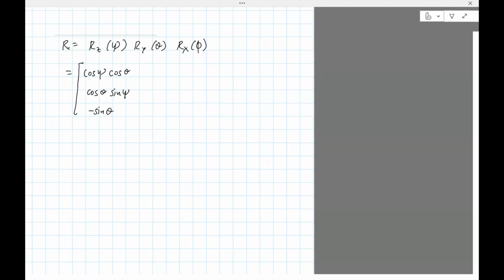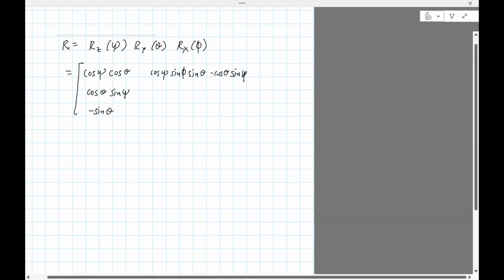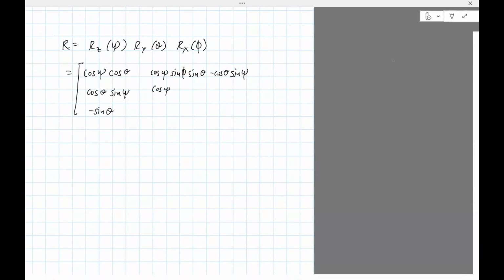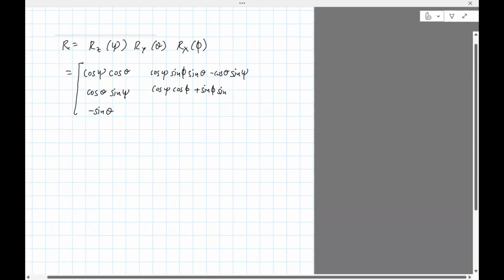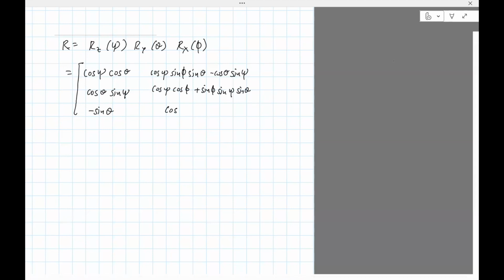Then we have cosine psi, sine phi, sine theta, minus cos theta, sine psi, cos psi, cos phi, plus sine phi, sine psi, sine theta, cos theta, sine phi.